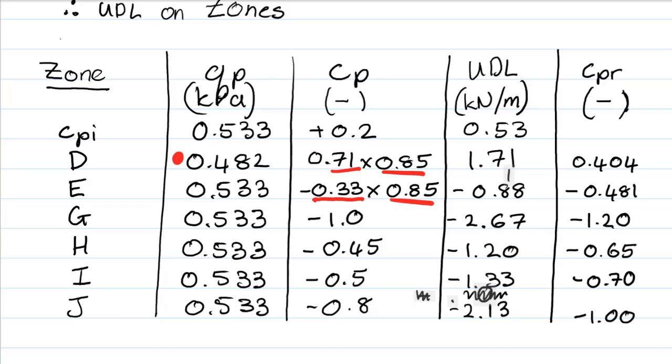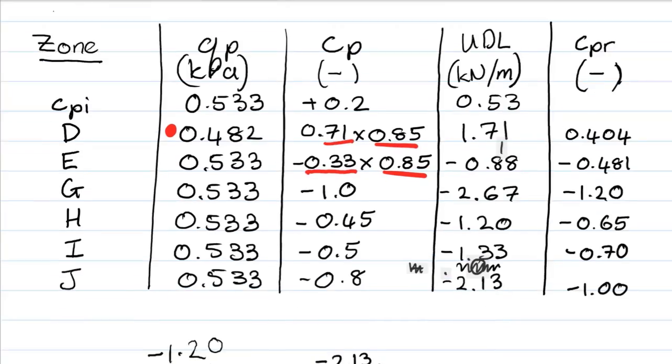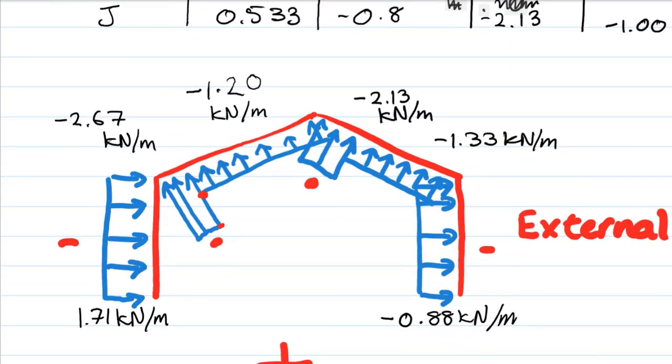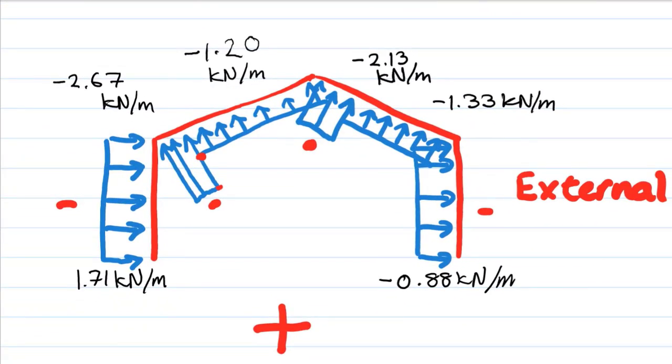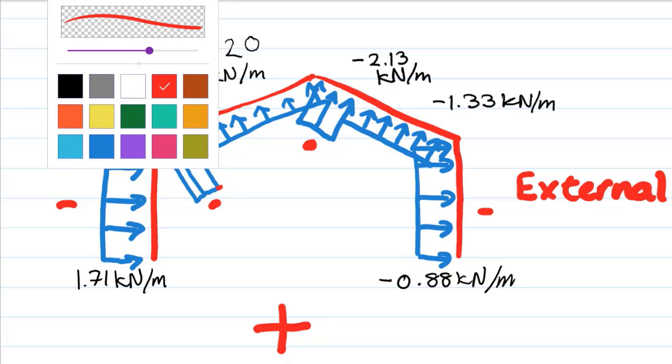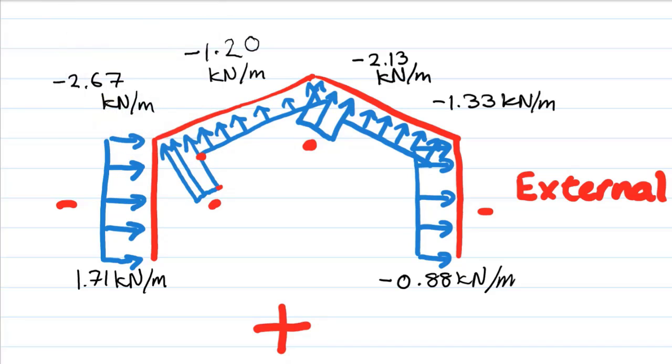Now, once we've got all of these values, we can go and apply them to the diagrams that I'm going to show below. So here we have some portal frames, and here are the external pressure coefficients, and we've put in all the different pressures on here showing how it changes.